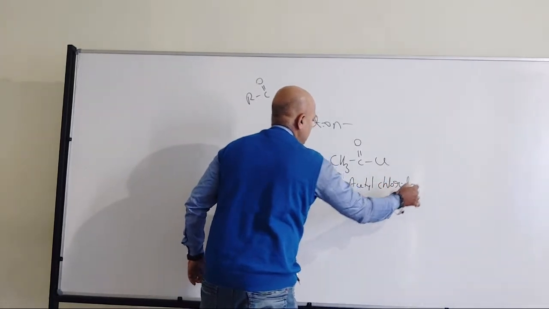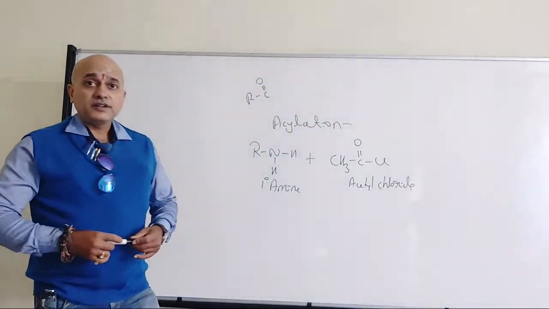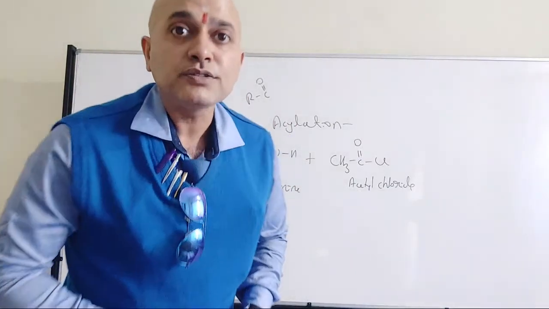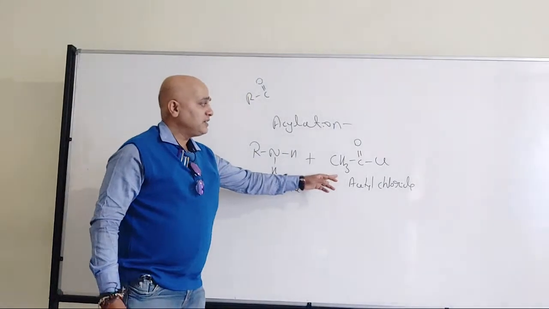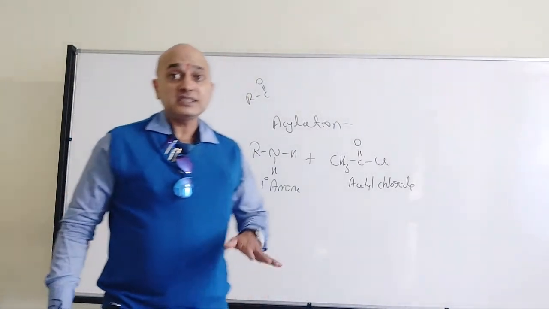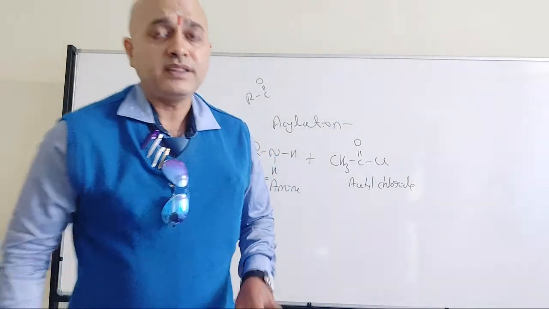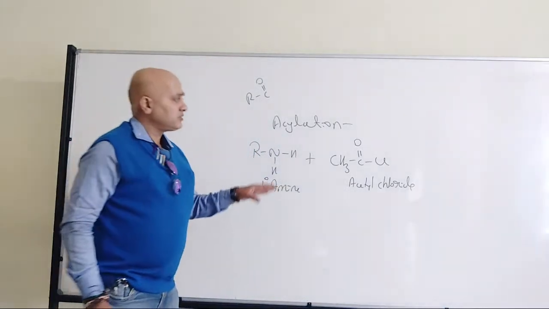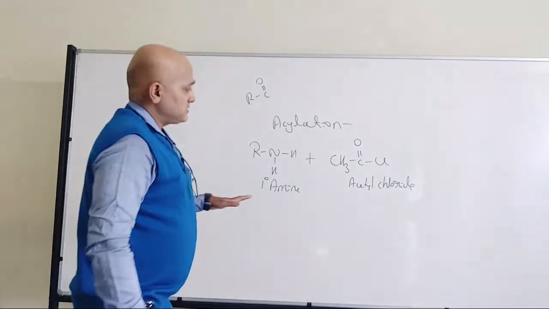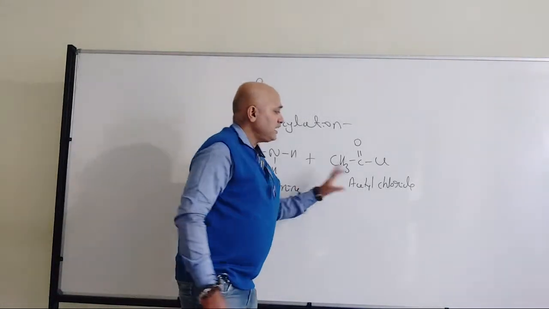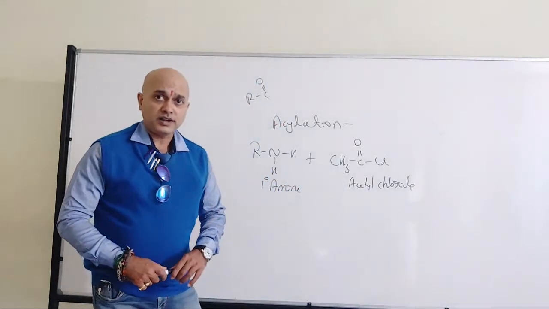Same reagent we have used during Friedel-Crafts reaction. So that's what we have discussed in the Friedel-Crafts reaction. But this is not a Friedel-Crafts reaction. Fine. So we are not using FeCl3. Lewis acid we are not using. Primary amine with acetyl chloride.